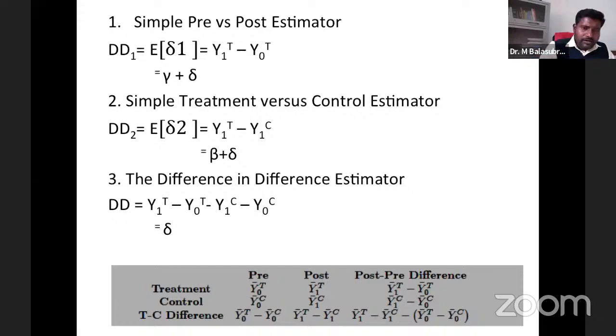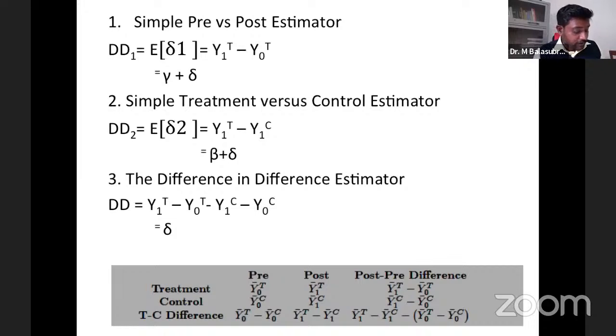Applying all notations as earlier, y1 t bar minus y0 t bar minus y1 c minus y0 c, which denotes the treatment and control difference, where your time factor and your technological intervention are both subsumed.